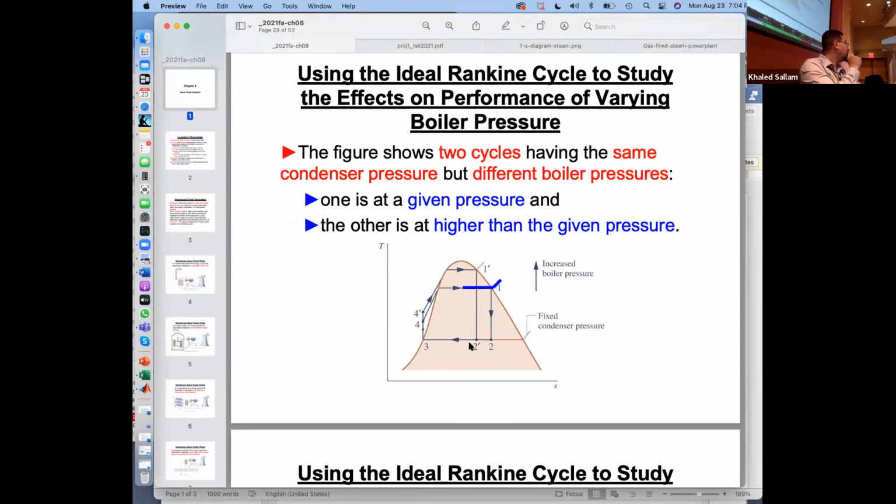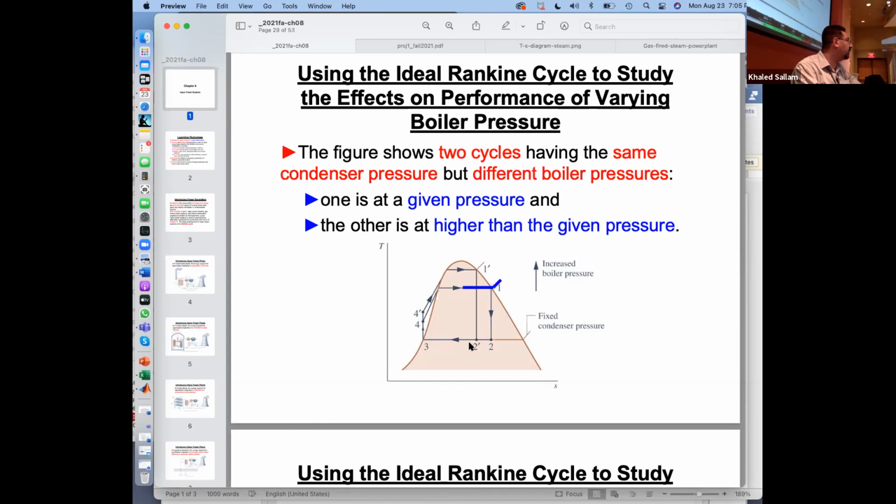Okay, more and more wet. From thermal point of view, MATLAB doesn't care. It is using the first law of thermodynamics. It is calculating for you H1 and H2. Here is work net. Here is the eta thermal, right? But practically speaking, can we allow this to happen?